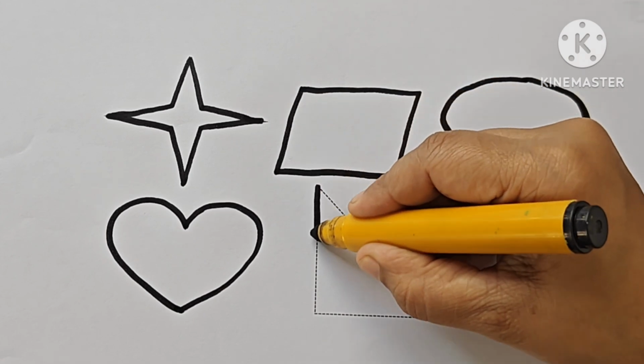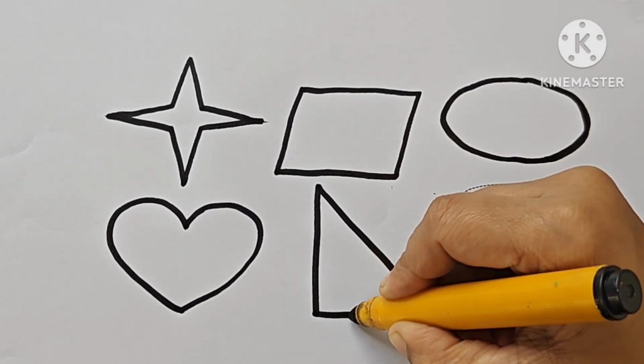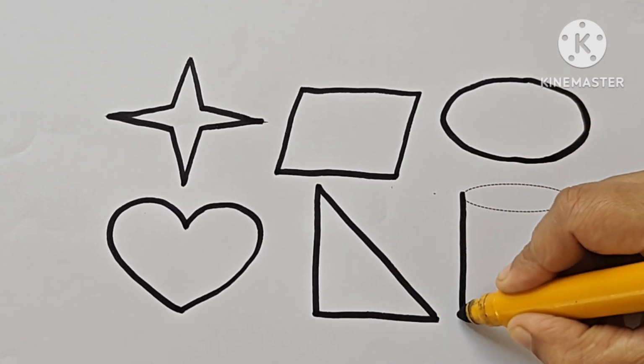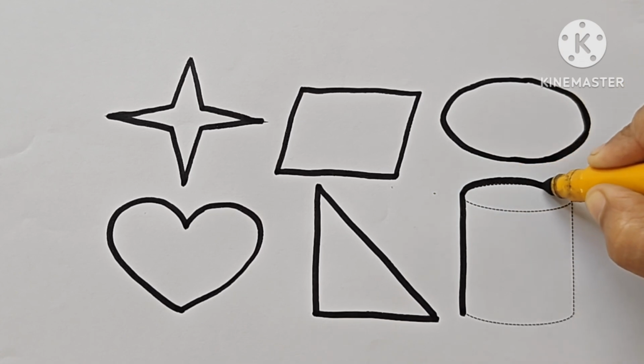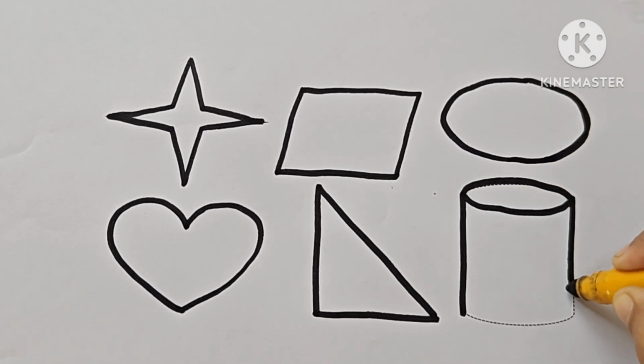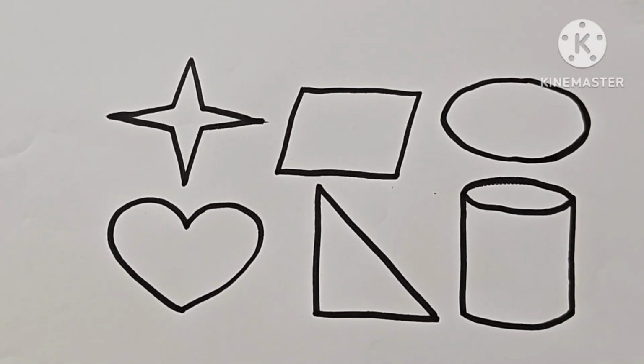Heart. Right angle triangle. This is a cylinder. Now we will color the shapes.